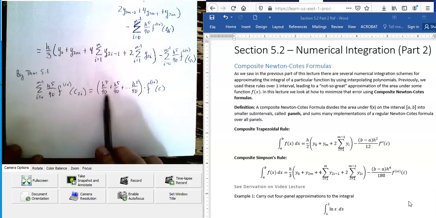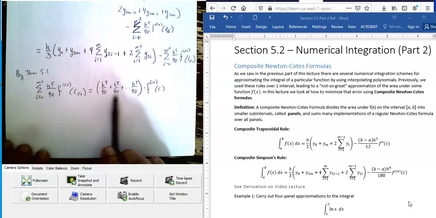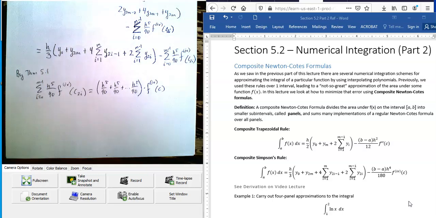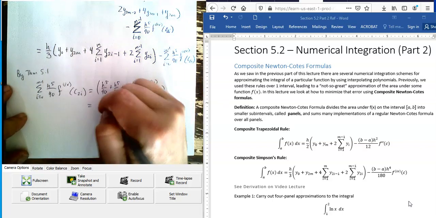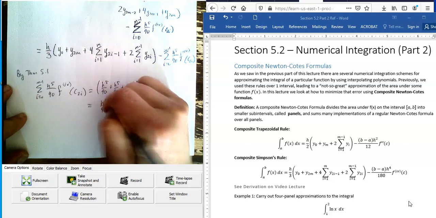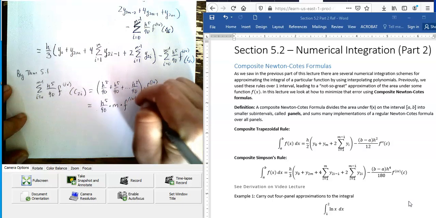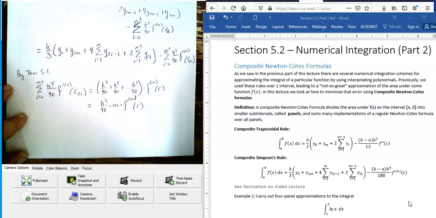So how many of these do I have? Well, it depends on how many panels I have, right? In this case, we have m panels, yes? So this would be h to the 5th over 90 times m, as we saw last time. Okay.